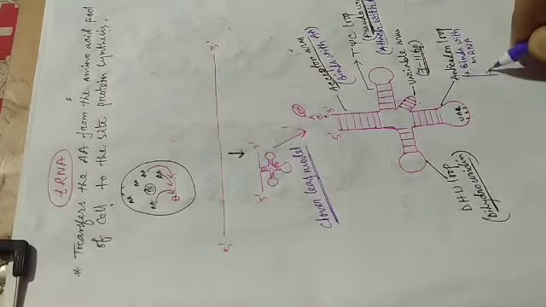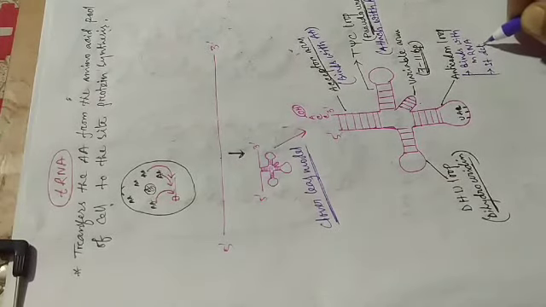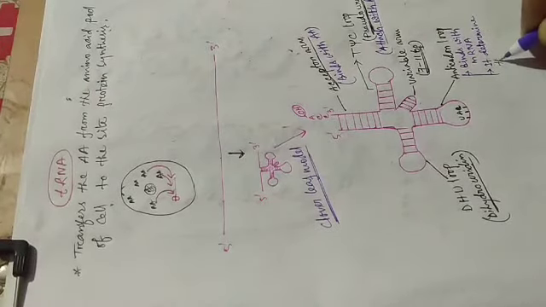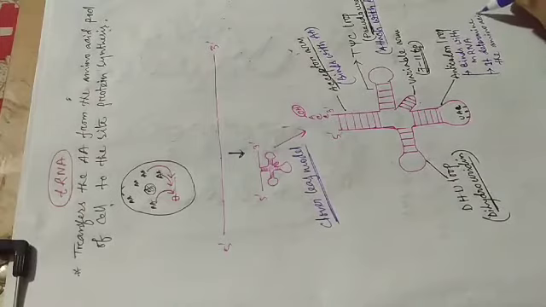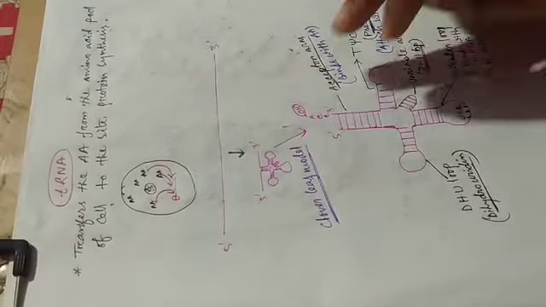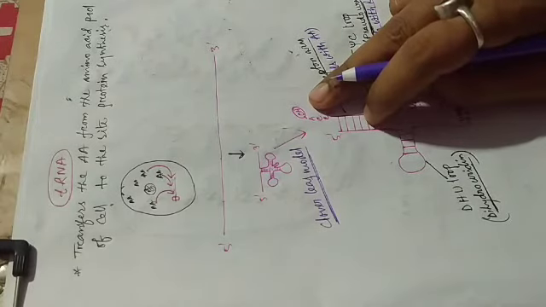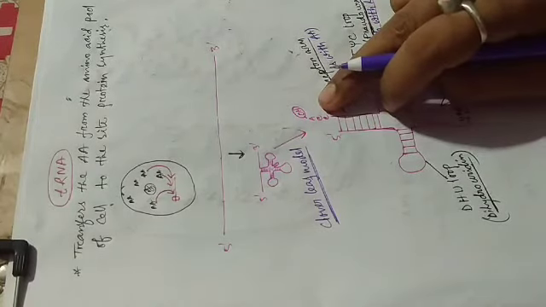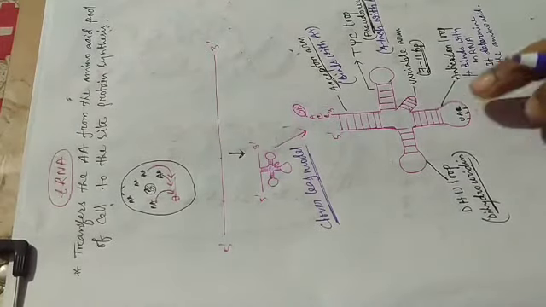And another is that it determines the amino acid, meaning the amino acid which will attach to the 3' end of the tRNA is determined by the anticodon arm.